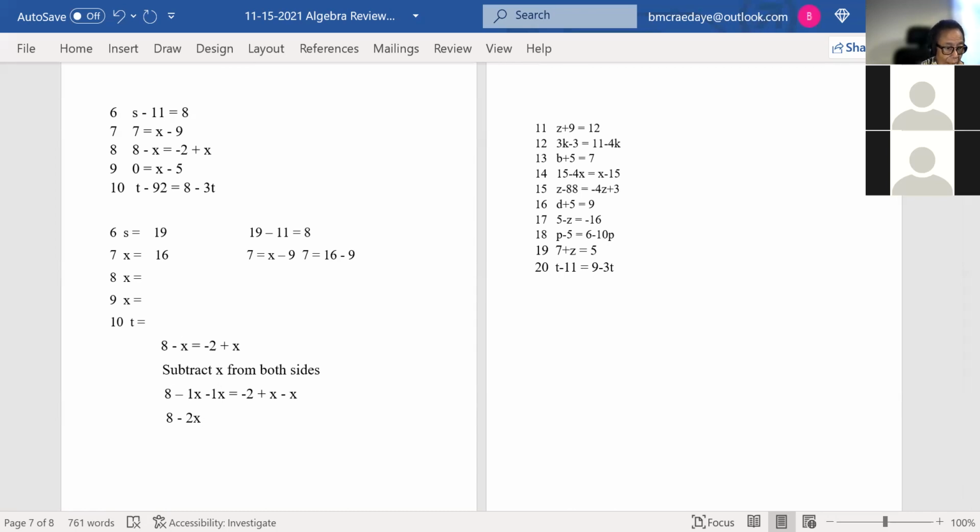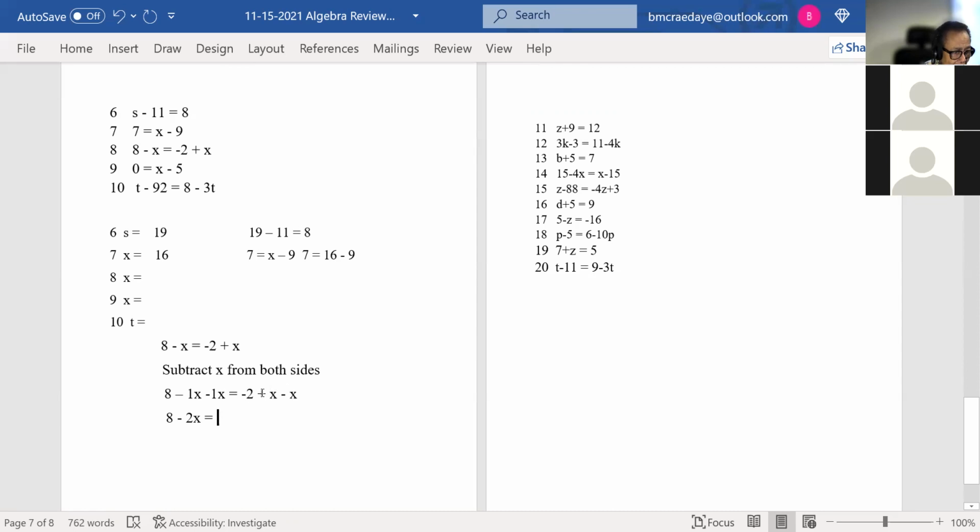And what's on the right side? What do we get, Maureen? We have a minus 2, that's a constant, plus x, that's a variable, minus x, a variable.